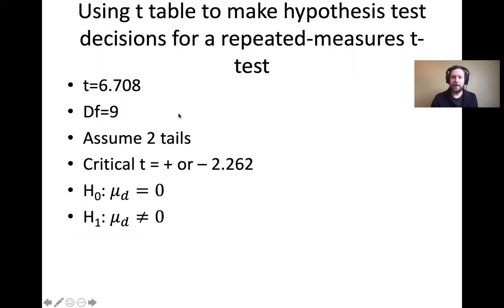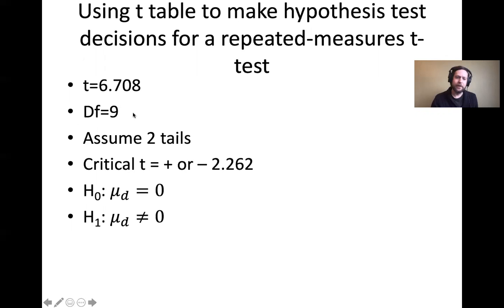We can go ahead and use the t table to find out what our critical t values are. We're going to assume that we're doing this for the repeated measures t-test, though it turns out that none of the information here would be different if we analyzed the one sample t-test, because the t values were 6.708 for both of those analyses. The degrees of freedom is 9.